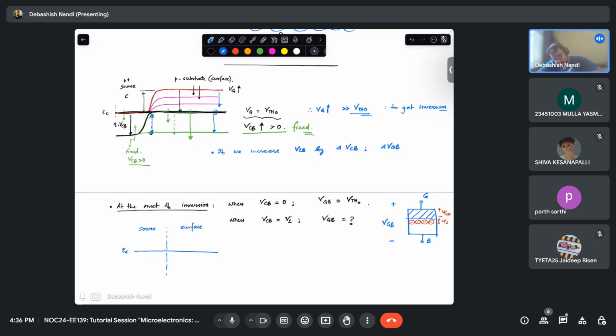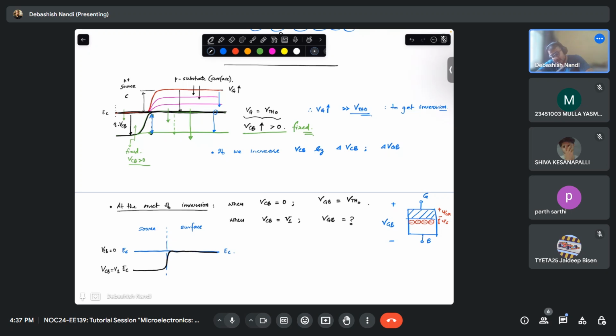So when my VCB is 0, there is no barrier, right? Yes, sir. Now, when my VCB is V1, I have a barrier. This is at VCB equal to 0. This is at VCB equal to V1.